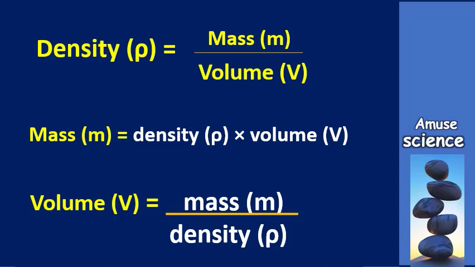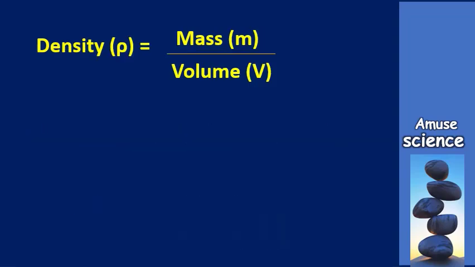When we look at the formula for density very carefully, we can conclude that density and volume are inversely proportional, which means that as you increase the volume of a system, its density would decrease, and as you increase the density of a system, its volume would decrease.